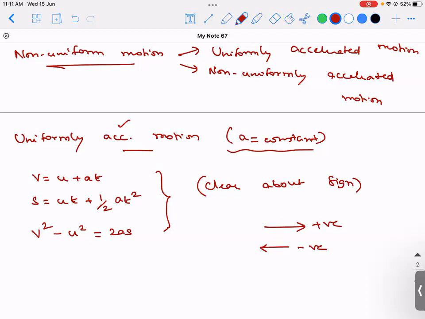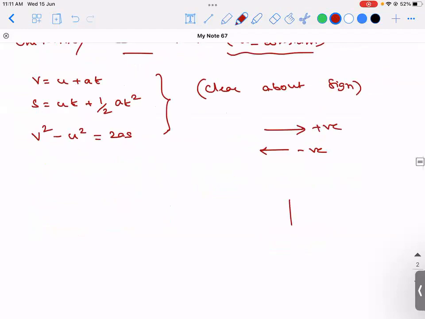Vertically means an object traveling under the influence of gravity, which is called free fall. Free fall need not be dropping everything. If an object is traveling under the influence of gravity, we call it free fall. Generally, for vertical motion I take upwards as positive and downward as negative, but there is no hard and fast rule. If you take upward as negative, you're free to do that, and take downward to be positive. You need to have one direction positive and one negative, and follow that throughout. You should not change it anywhere. So this is how it works. Am I clear with this?